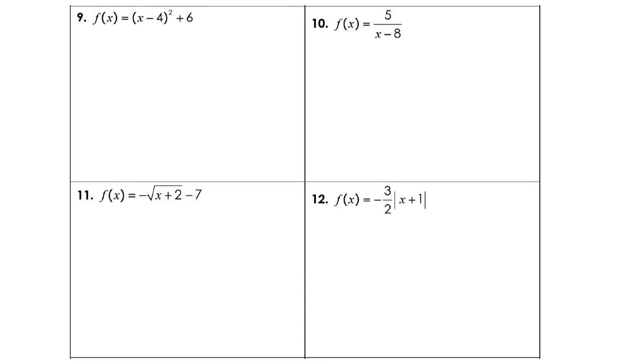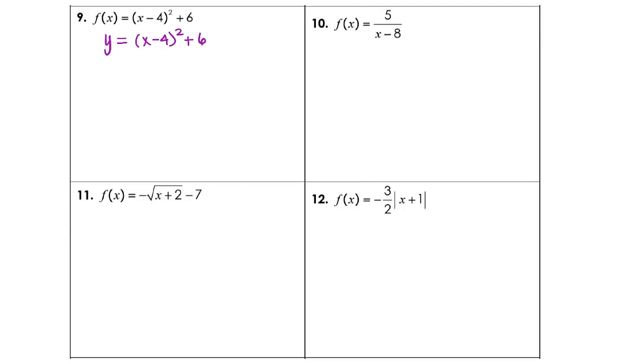All right, so moving on to this next problem. Now, this one, since we have a square, we might have some issues with this. Now, when we're talking about the inverse of this, let's go ahead and see what's going to happen. So we do have y equals x minus 4 all squared plus 6.